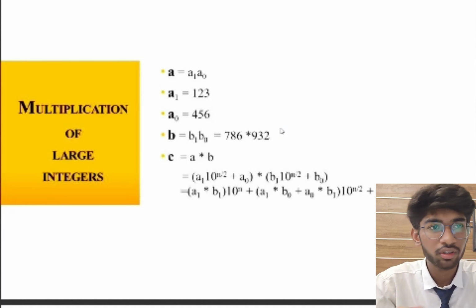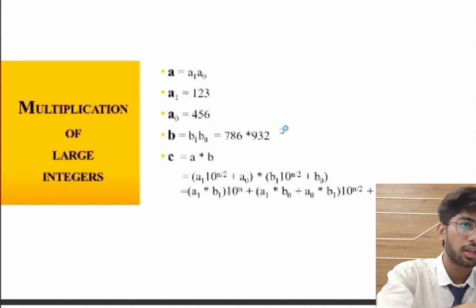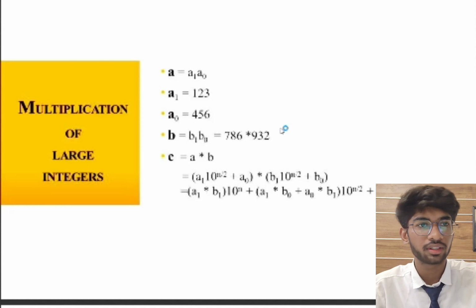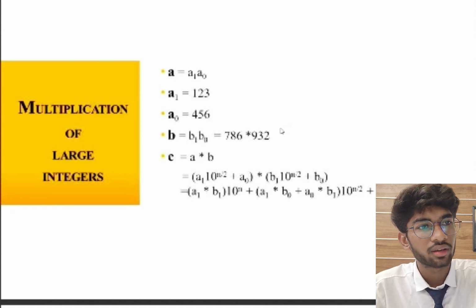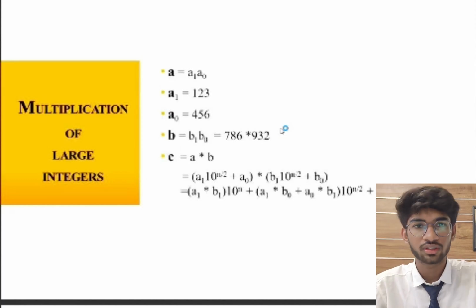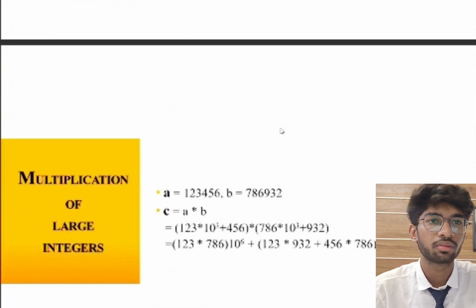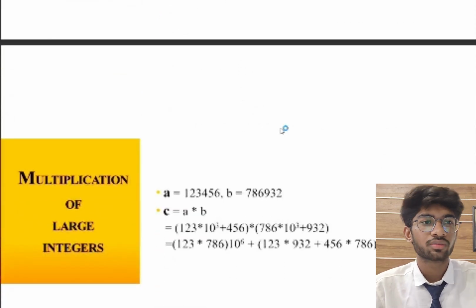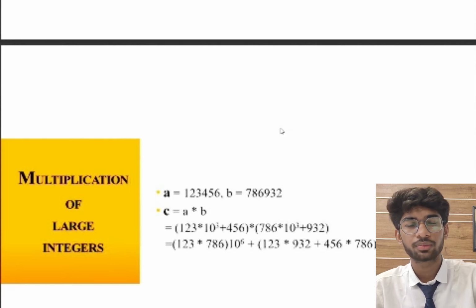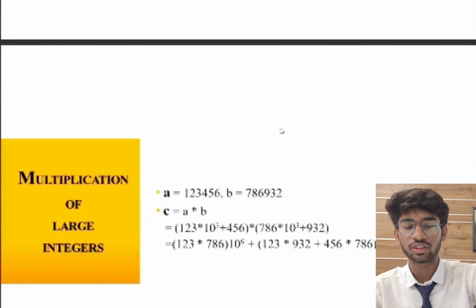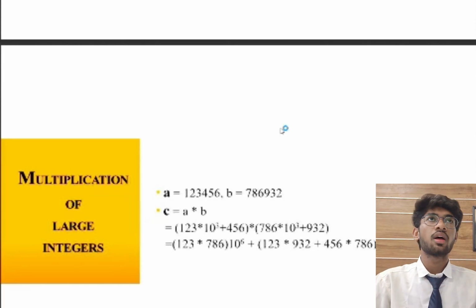We have a 6 digit number, so n is 6, and n by 2 equals 6 by 2, which is 3. We know a1, a0, b1 and b0, so we just substitute the values and solve this equation to get the answer.